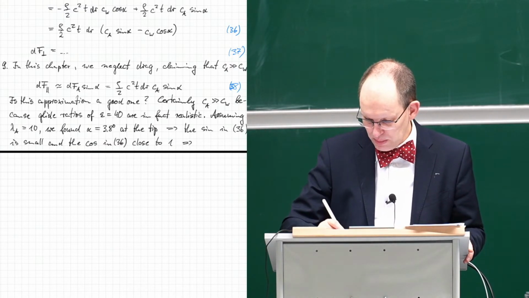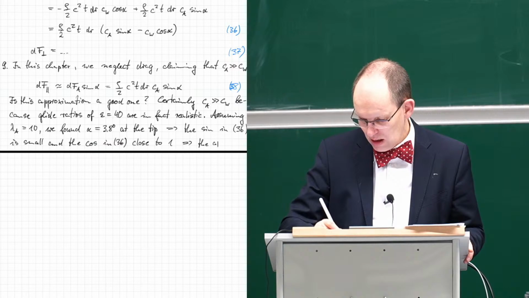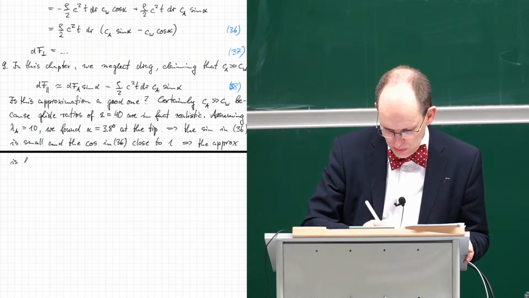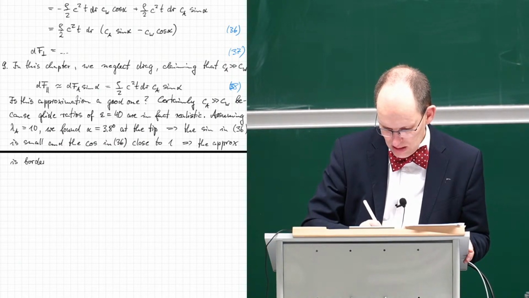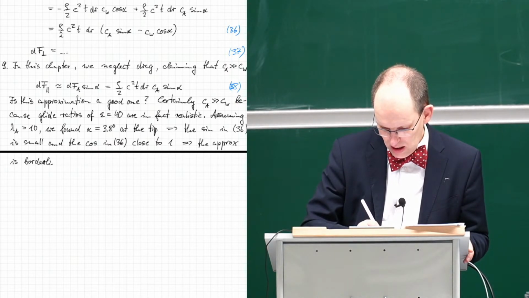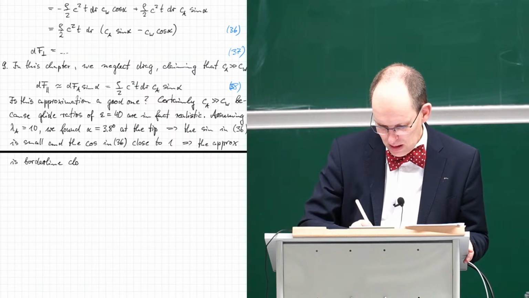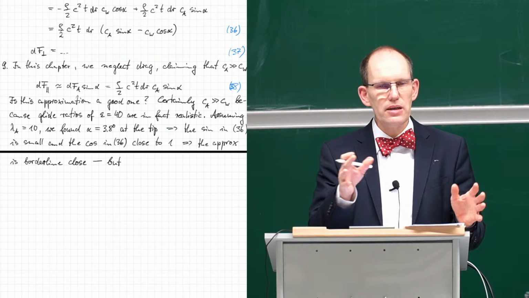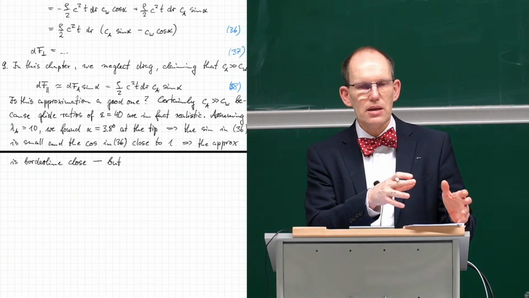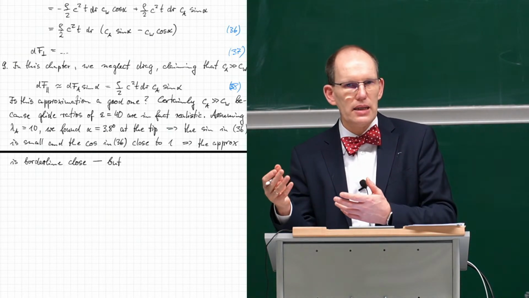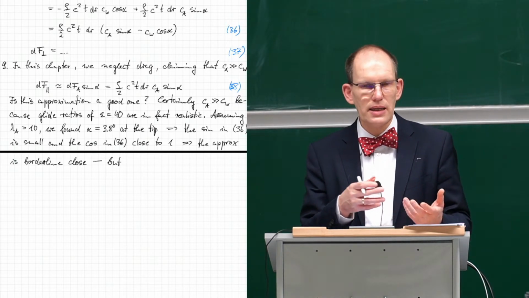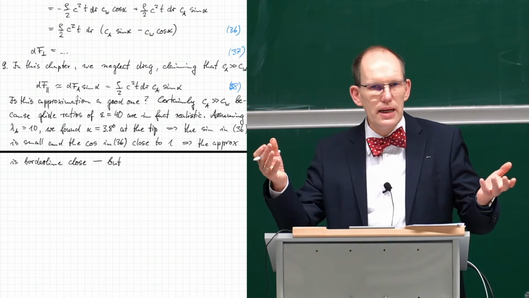And this means the approximation is borderline close to the tip, but we could say if we reduce R a little bit, then the angle gets larger. So we set 50 degrees close to the rotor axis. So it quickly gets better.